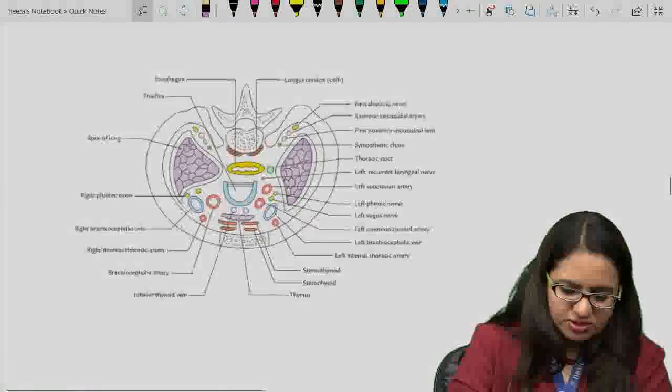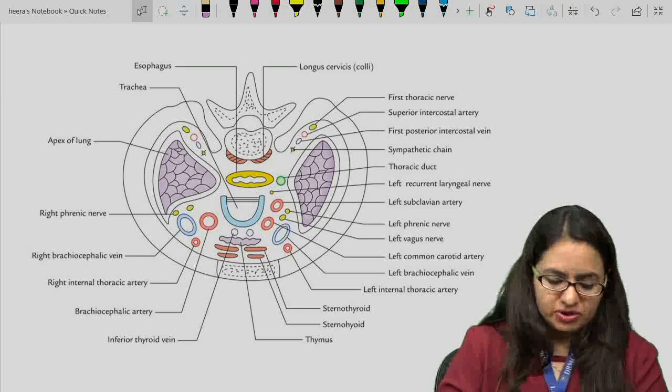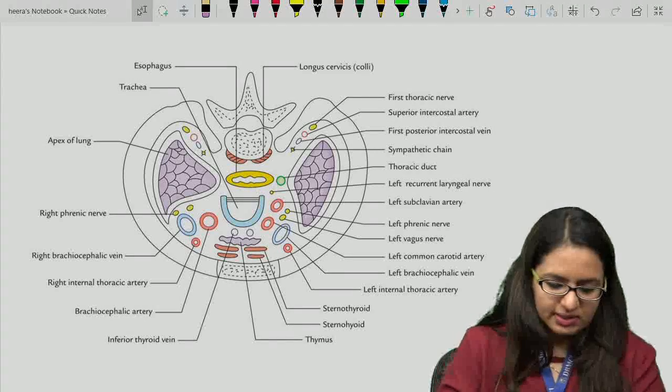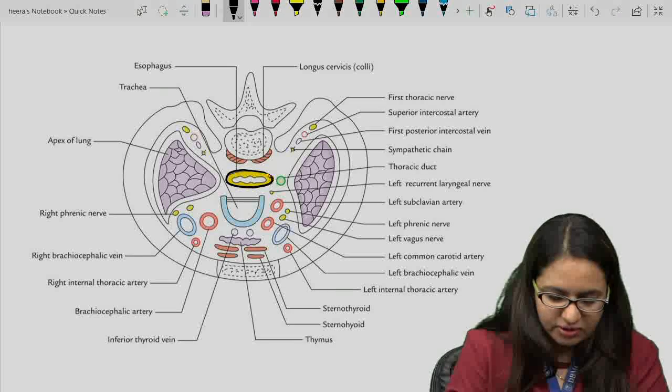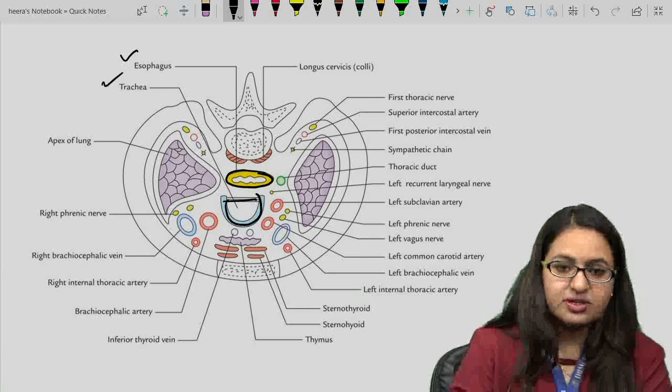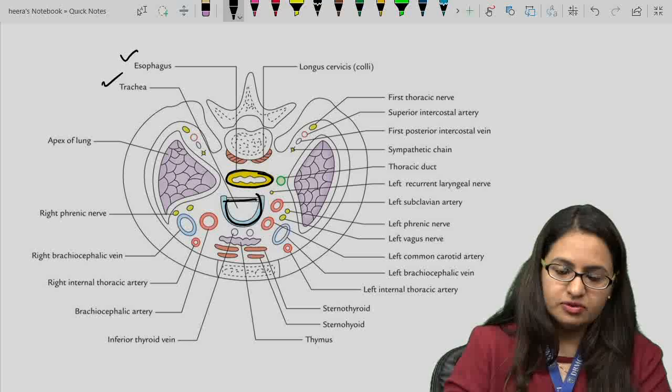Then what are the structures which are actually passing through this superior aperture, or we say through the thoracic inlet? Now the viscerals which are passing through it, we can visualize over here the esophagus and the trachea. The esophagus and the trachea are passing through the superior aperture and become the content of the superior mediastinum.